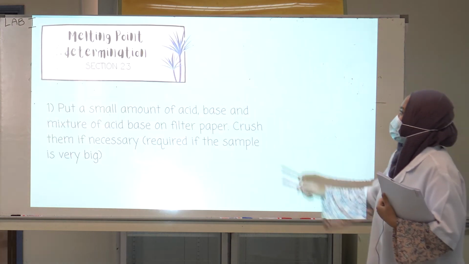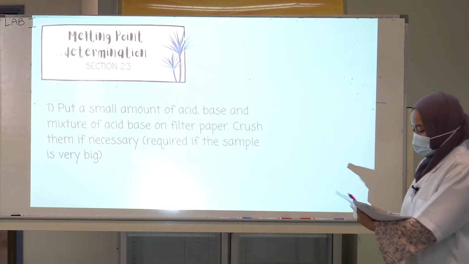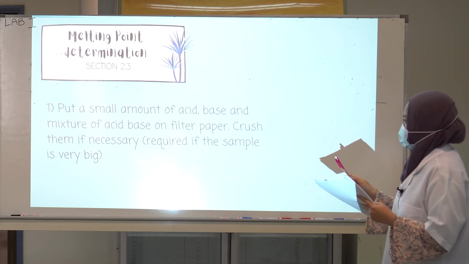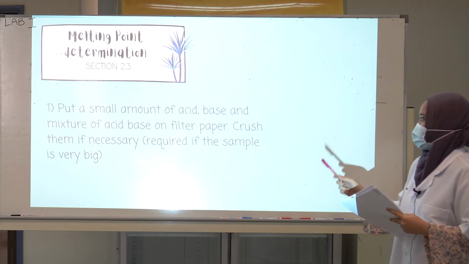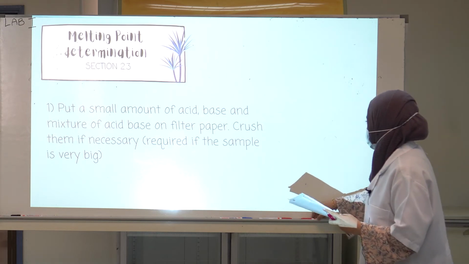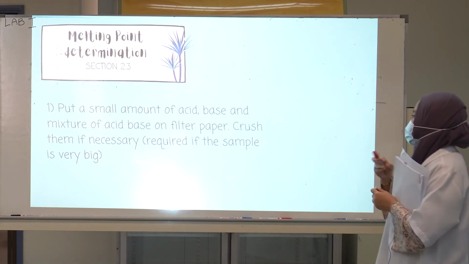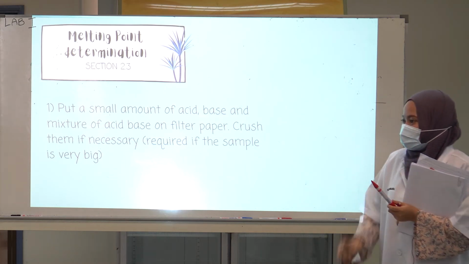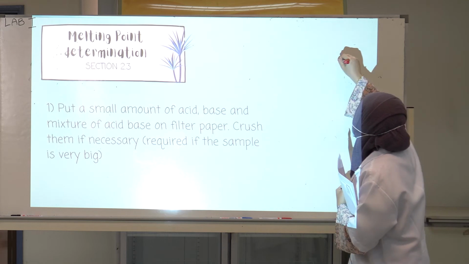Okay, next experiment is melting point determination. First step is to put a small amount of acid, base, and a mixture of acid and base on filter paper. There should be a picture, but we did not manage to get the picture, so I have to draw.